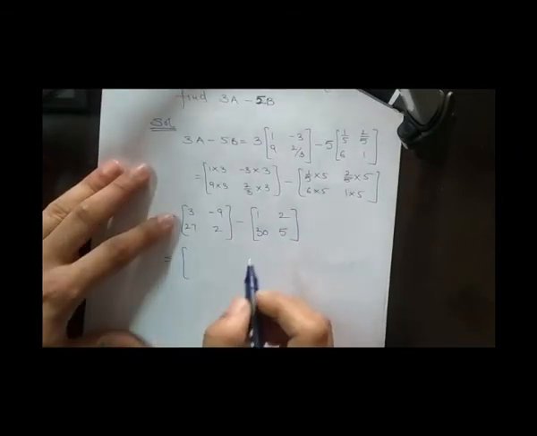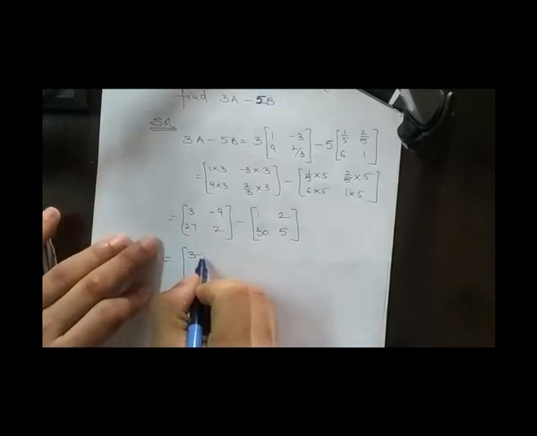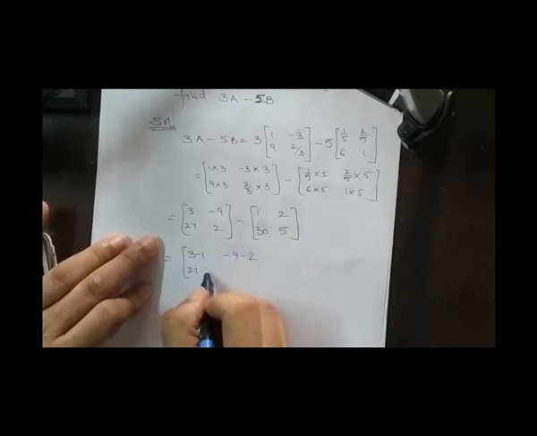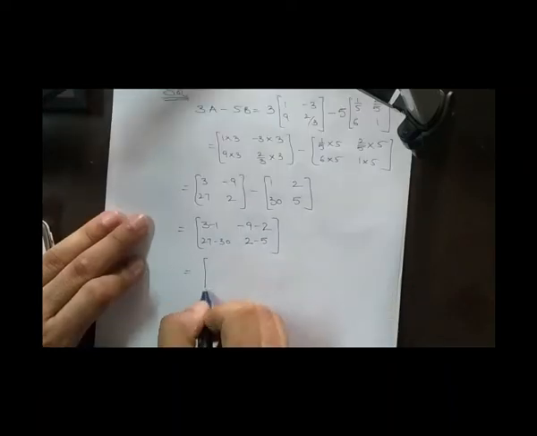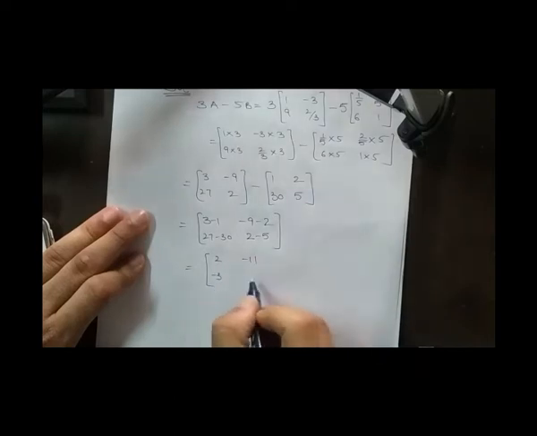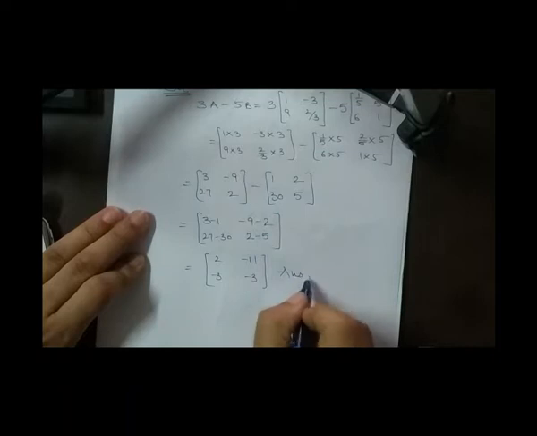Now we have to subtract the second from the first, that is 3 minus 1, minus 9 minus 2, 27 minus 30, and 2 minus 5. Final answer is 2, minus 11, minus 3, minus 3. This is the answer.